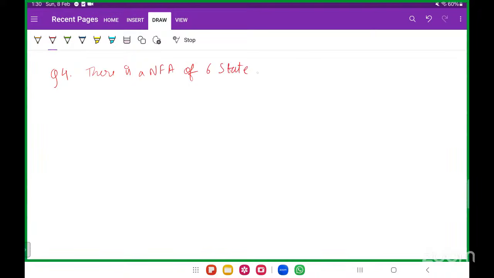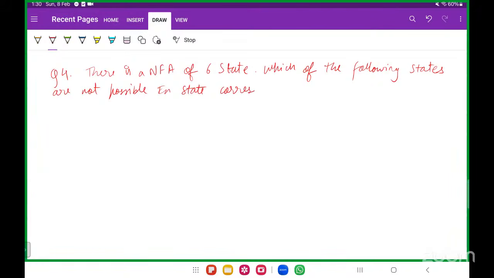Which of the following states are not possible in the corresponding minimized DFA?